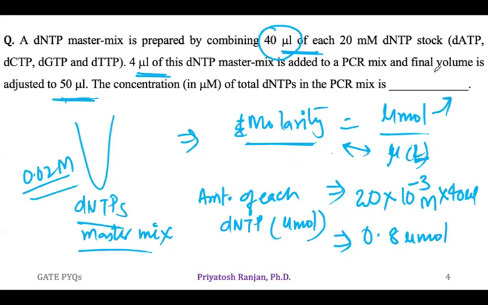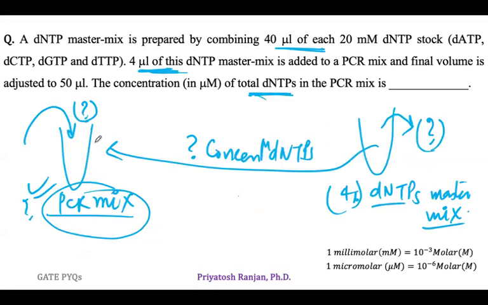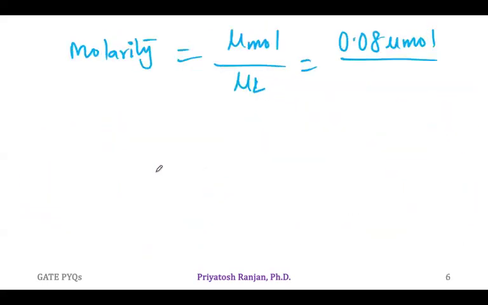Have a look here, I'm talking about this tube. Final volume of the PCR mix tube is 50 microliters. So in the denominator, I'll keep 50 microliter. It's a simple calculation, and this will come out to be 1.6 into 10 raised to power minus 3 molar.